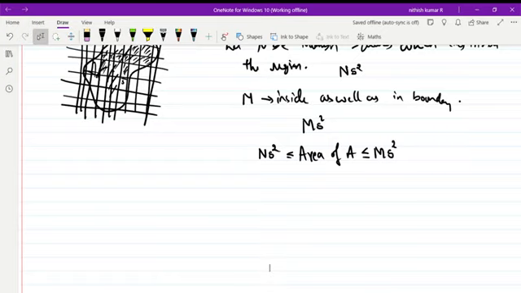Before going to Archimedes' approach, let's see the approach to find the value of pi, which is related to its area and perimeter. So consider a circle.